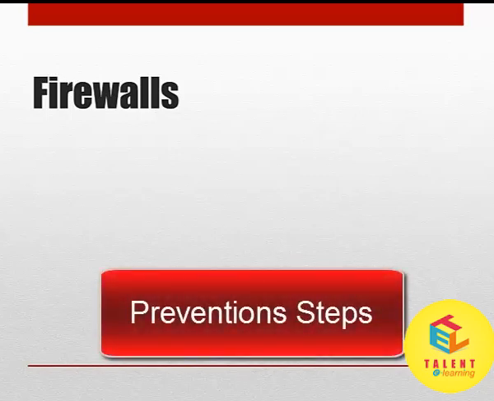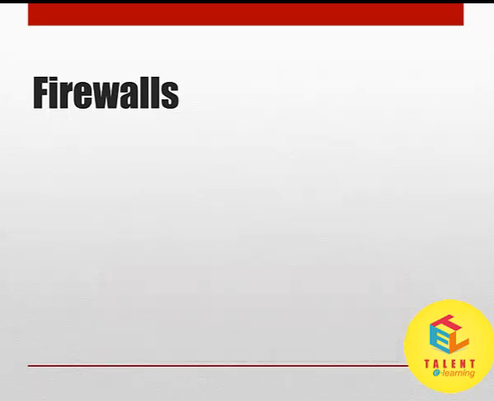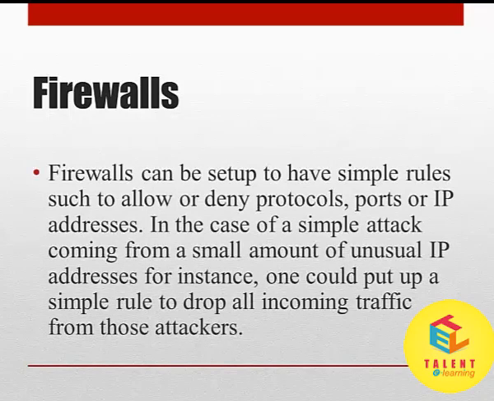Now we will cover some steps that you can take to prevent denial of service attacks. Firewalls: firewalls can be set up to have simple rules to allow or deny protocols, ports, or IP addresses.